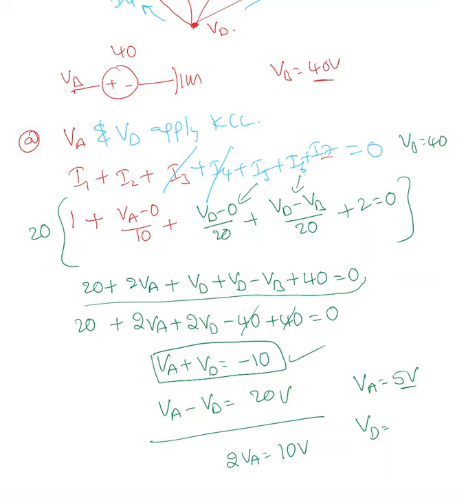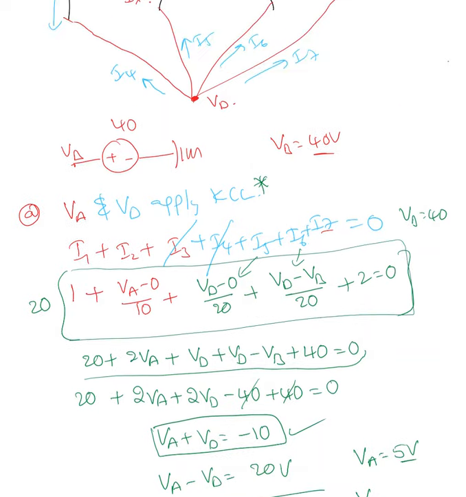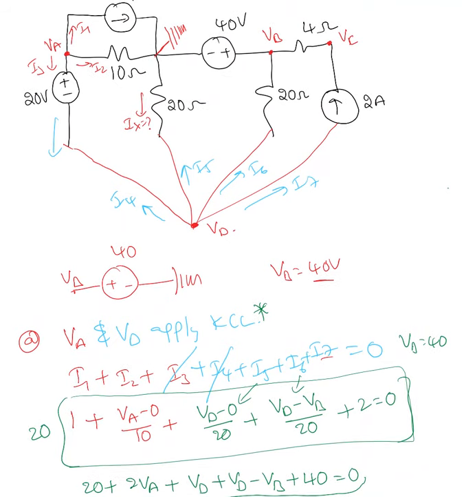Remember, for every supernode, you will end up having two equations. One is a very large, big equation like this. Another one is a very small equation. That small equation is nothing but the voltage relation between VD and VA. This is where we wrote the supernodal equation at VA and VD.